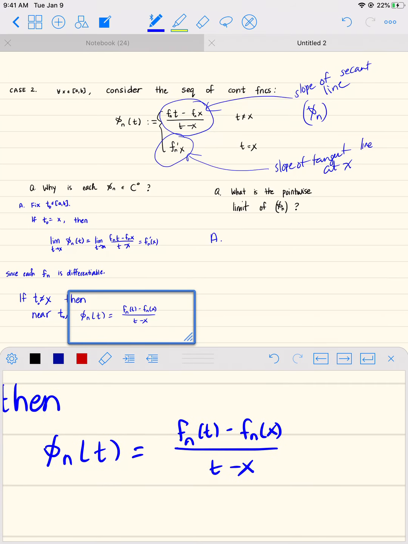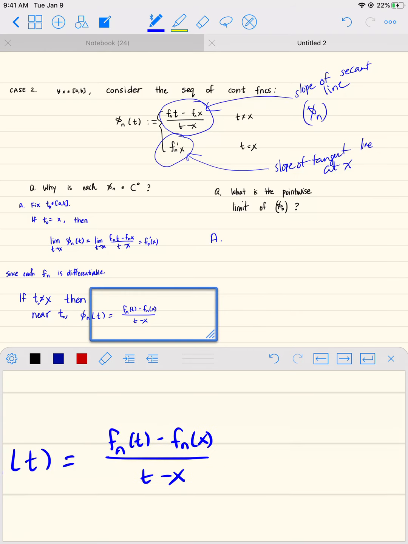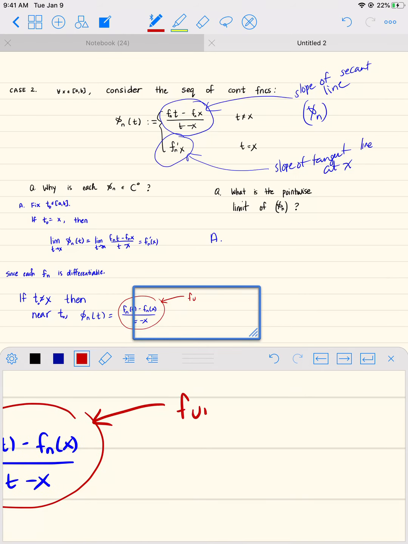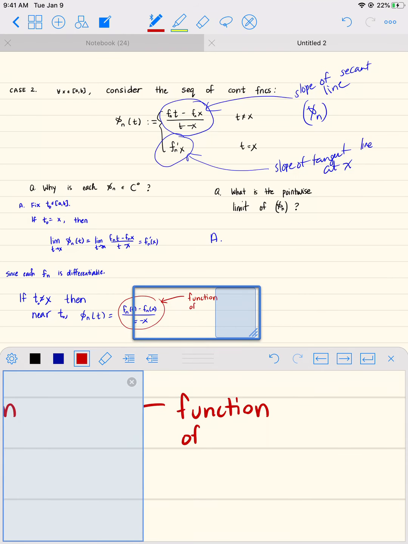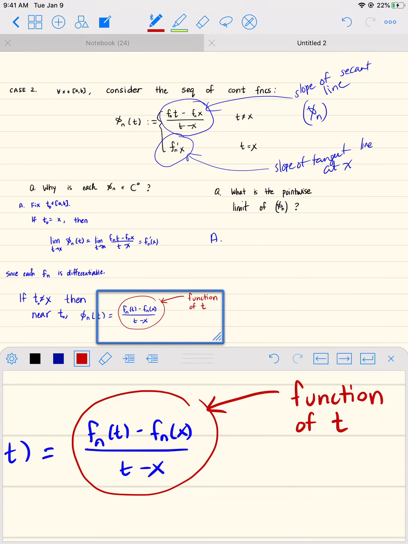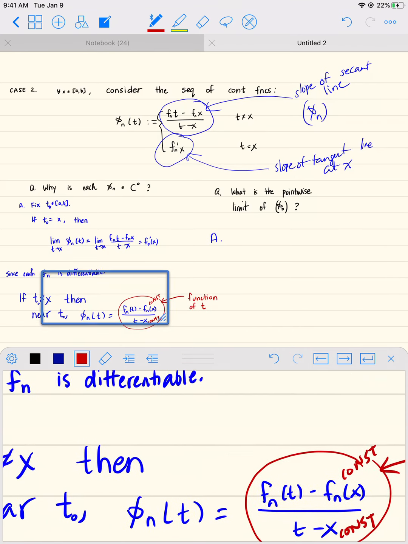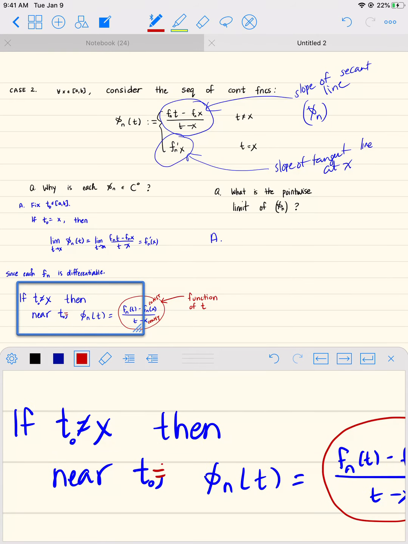So this is a function of t, and it is going to be continuous because this is a constant, this is a constant, and wherever it is, so let's put here t not equal to x is what we're saying.